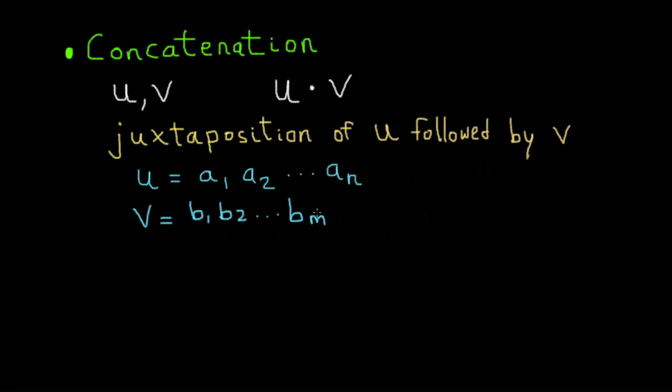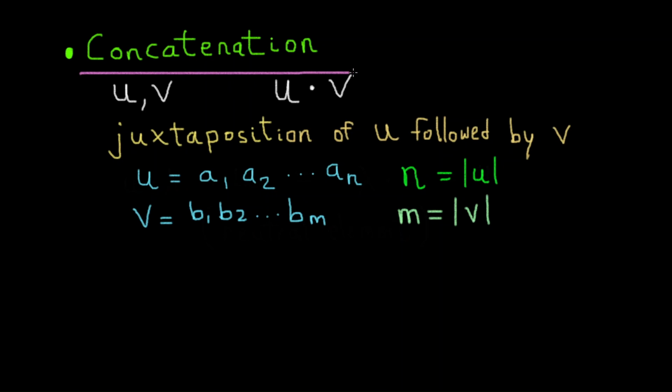Here we are just using a different symbol m from the symbol n to indicate that the length of the word u can be different from the length of the word v. Notice how n is the length of the word u and m is the length of the word v. These two values can be different or they can also be equal. In both situations, the concatenation will always be possible. What is essential when concatenating two words is that they both belong to the same alphabet.